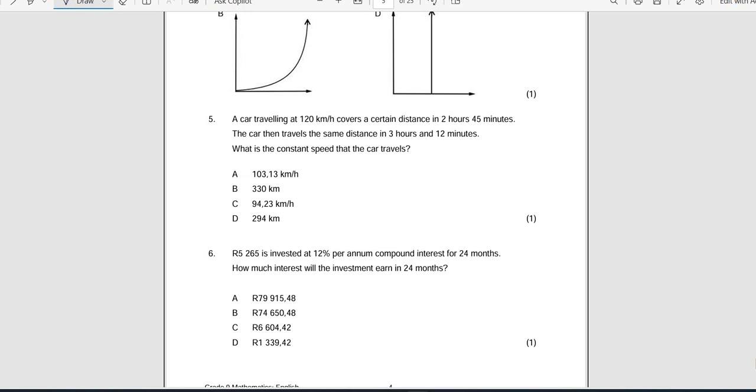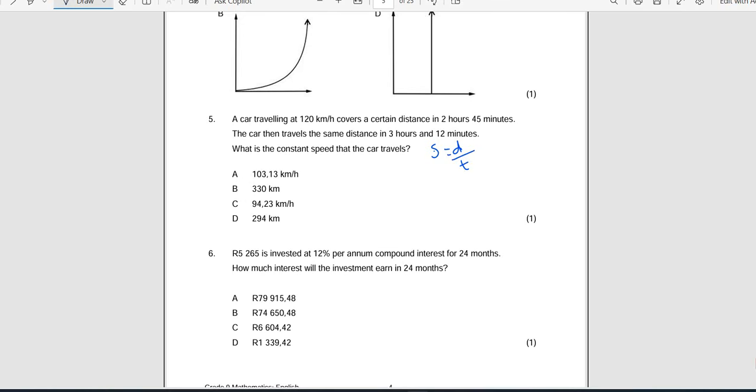So the first thing that we're going to do is look for the speed for a car traveling at 120 kilometers, that covers a distance in 2 hours 45 minutes. Okay, so S is gonna be distance over time.